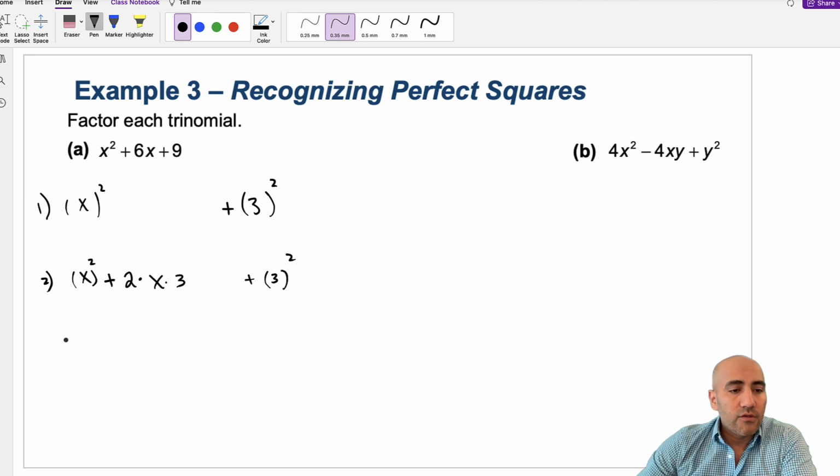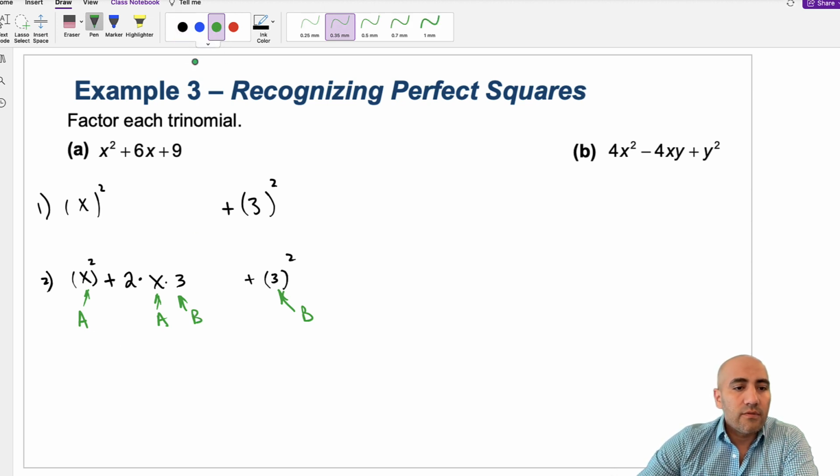So it's true. So I'm going to rewrite this as my A, here is my A, and here is my B, and then here is my A again, and here is my B. And so this fits the form a squared plus 2ab plus b squared.